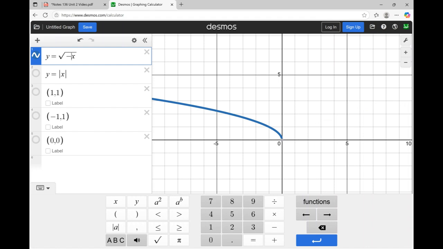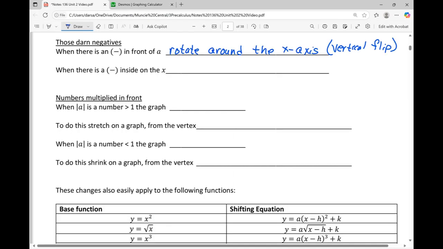Now, the fancy way of saying this: what is this vertical axis that it kind of spun around? That is the y-axis. So our fancy way of saying this is that a negative on the x variable is going to cause this thing to rotate around the y-axis.